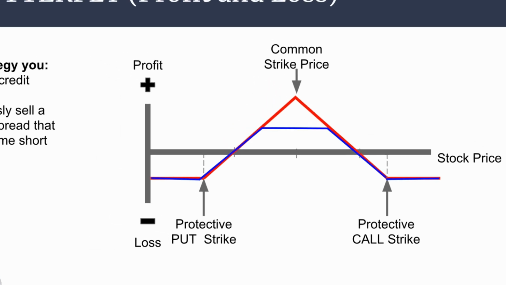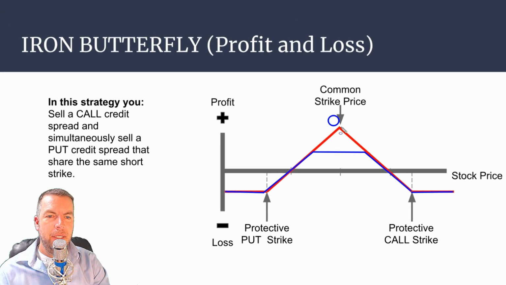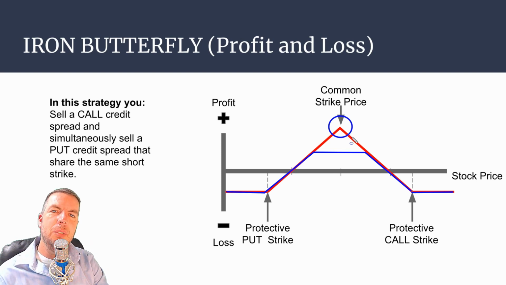It's similar to an iron butterfly, but the iron butterfly, because we're selling those calls and puts at the money, it's going to allow us to receive a little bit more credit for selling that at the money call and put.